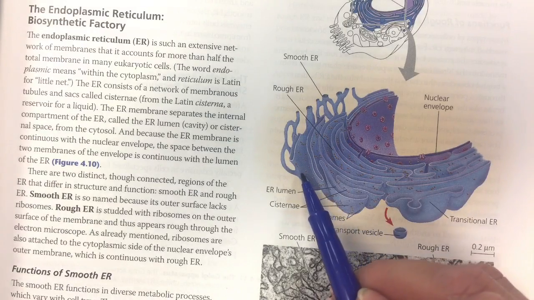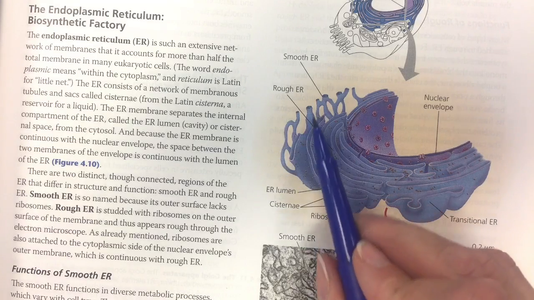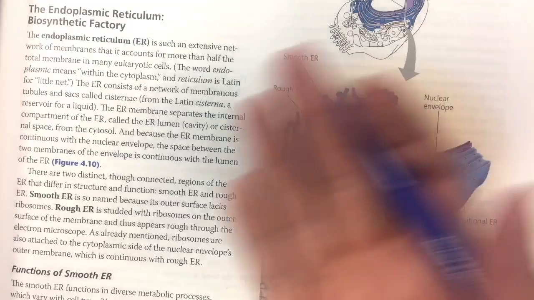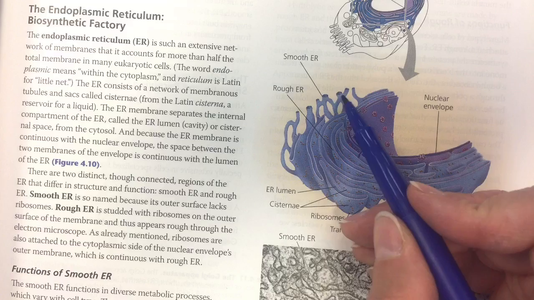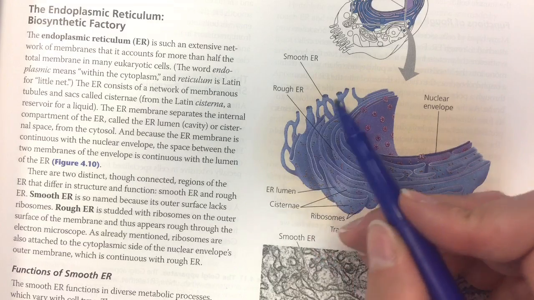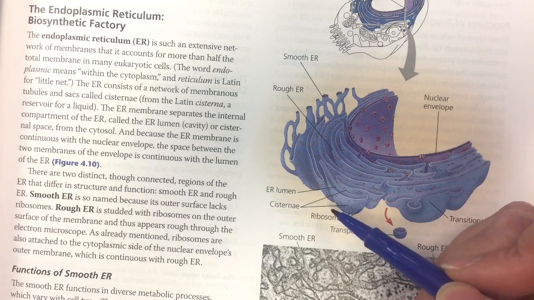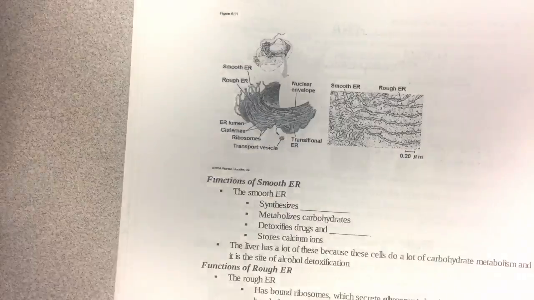And then connected to the rough ER is the smooth ER. The rough ER looks kind of like flattened sacs, and it's a cross section here so you can see the inside of it, whereas the smooth ER are skinnier, kind of like tube-like. But they're all connected, but the rough and the smooth ER have very different functions, even though they're continuous and connected. So that's what we're going to look at next.